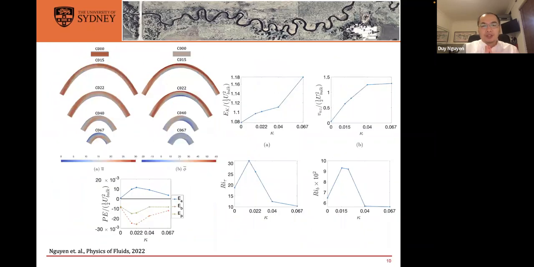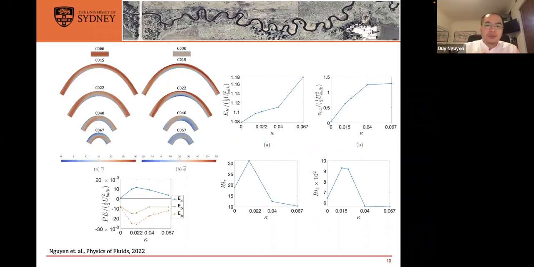Here, I vary the curvature from a straight channel to increased curvature. This one also comes from a recent published paper in Physics of Fluids, and here we see several things.